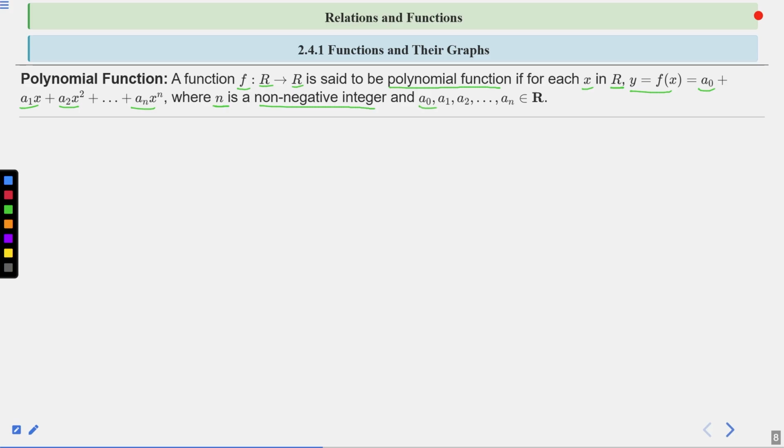And a0, a1, a2, the coefficients of x, must be from the set of reals.